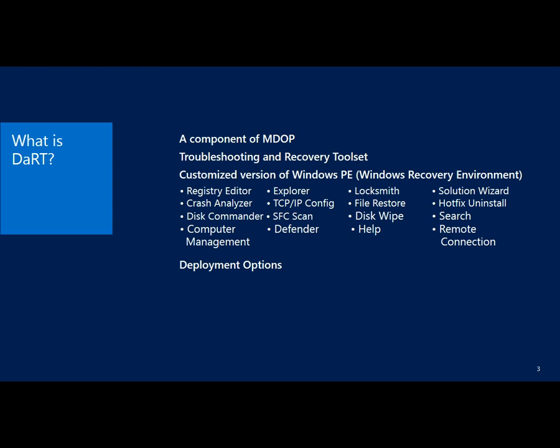One option might be putting them on your PXE server and allowing PXE boot as one of the options to use WinRE, right? The DaRT image. Another option could be putting the image on removable media, like a USB drive, that technicians can carry around and use to boot. It's not a big image really at all. It's just Windows PE.